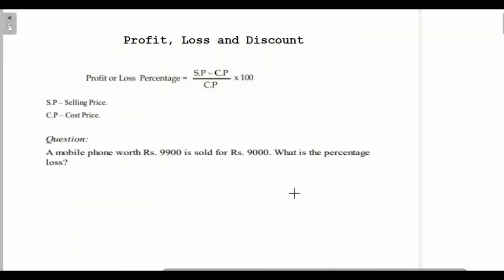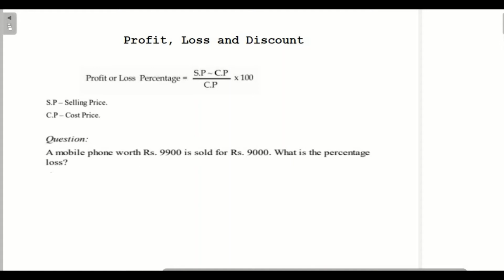So the next thing is profit, loss and discount. It is very easy. We are going to calculate only the selling price or cost price. So here we have the problem. A mobile phone worth rupees 9,900 is sold for 9,000. What is the percentage of loss?